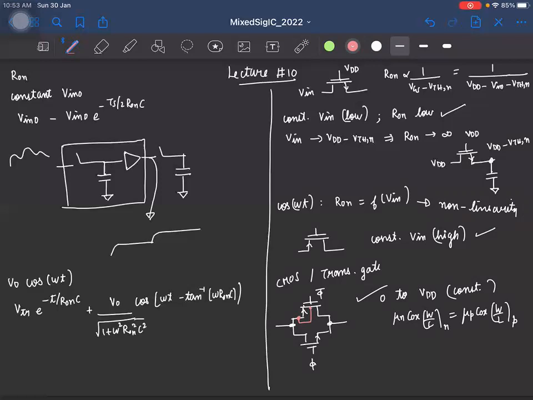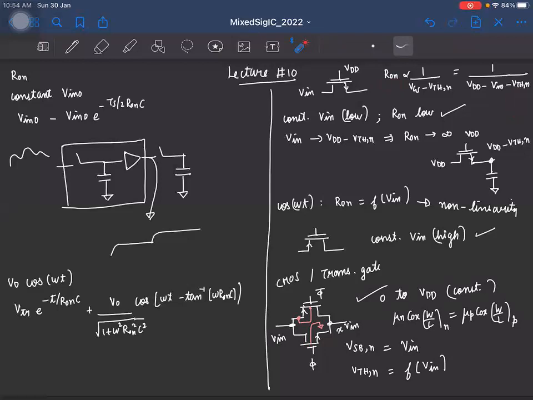But for the NMOS, in most of the processes, we do not have any option and we have to connect it to ground, which means the source to bulk voltage of the NMOS is in turn equal to the input voltage, right? This is V in. This is also approximately V in. As a result, the threshold voltage of the NMOS will be a nonlinear function of the input voltage. And hence, the on resistance will in turn show more dependence on the input voltage.